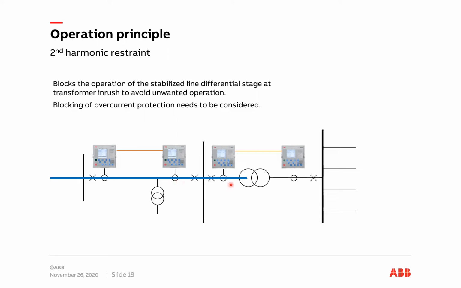But again, in this case, this relay will see the inrush current, but not the other one. So in this case, it's also important to detect the inrush situation and send a blocking signal to the other relay. Since we have here an in-zone power transformer, we might also need to think about whether we also need to block overcurrent protection in these relays here.